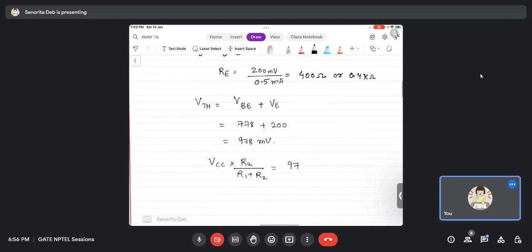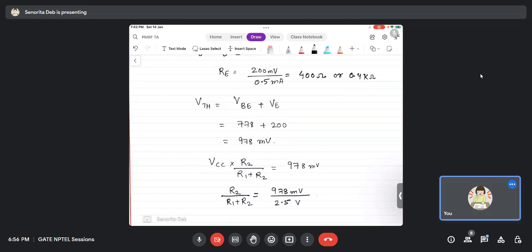And remember that we don't have R2 and R1 plus R2, right? So what we have to find out, because it is a design problem. So R2 by R1 plus R2 is nothing but 978 millivolts upon 2.5 volts, right?